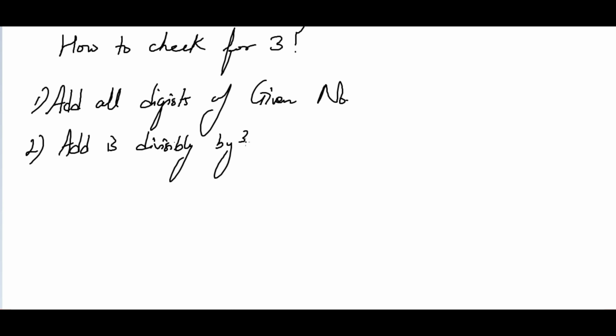For example, let's take a big number 7321 and we want to check whether this number is divisible by 3 or not. First we add all its digits: 7 plus 3 plus 2 plus 1. 7 plus 3 is 10, 10 plus 2 is 12, 12 plus 1 is 13.